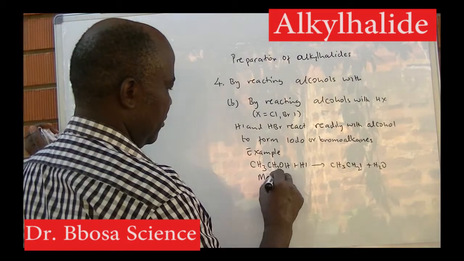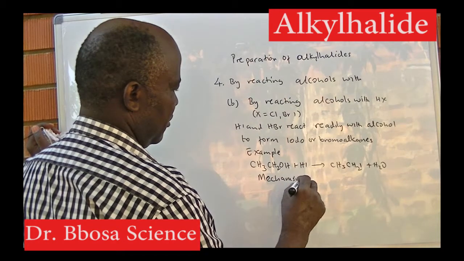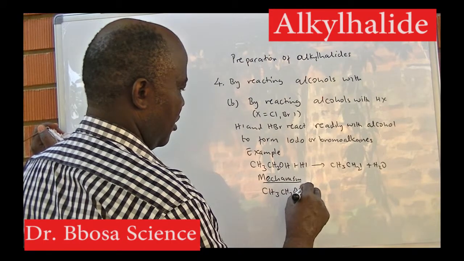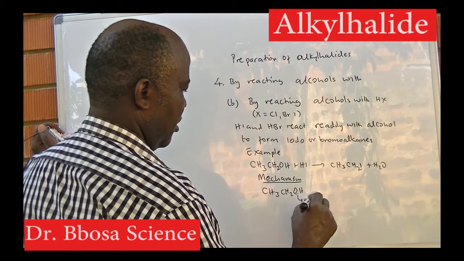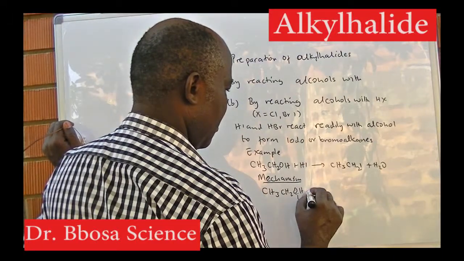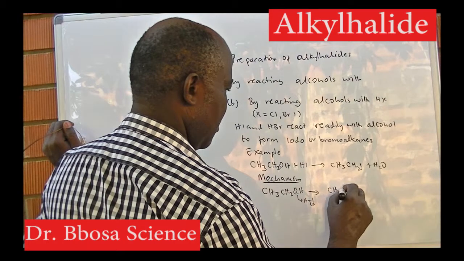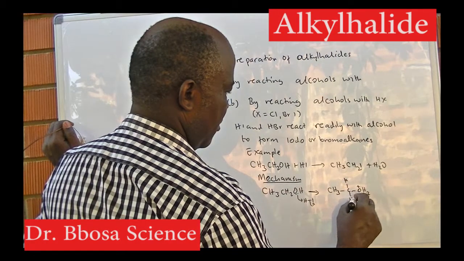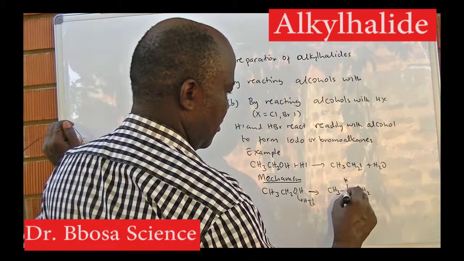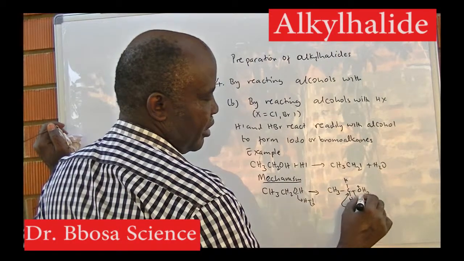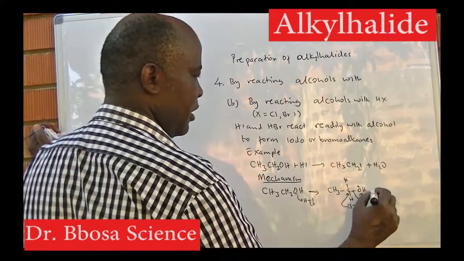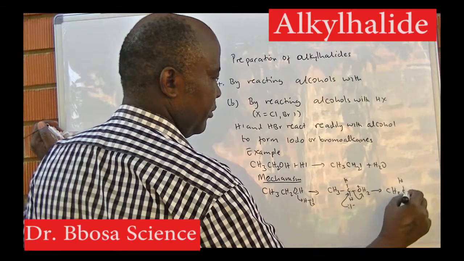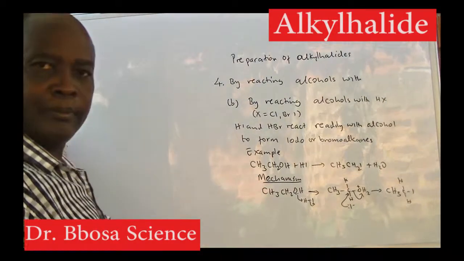Mechanism: then the iodine ion uses a pair of electrons to displace the water molecule from a protonated alcohol. Then we get iodoethane.